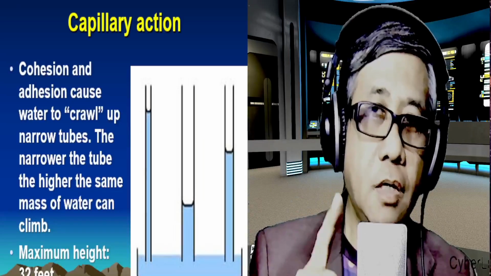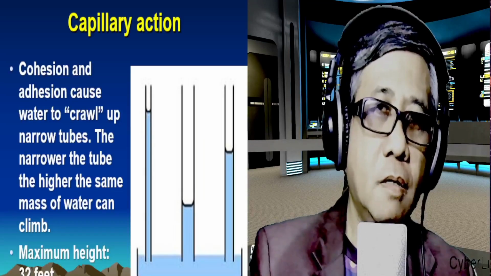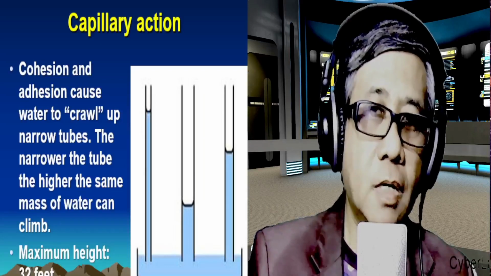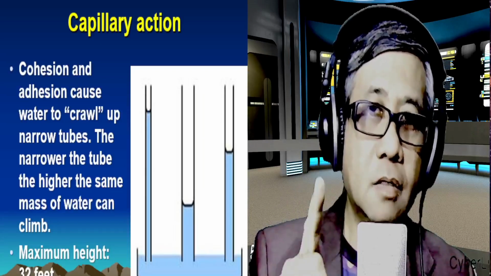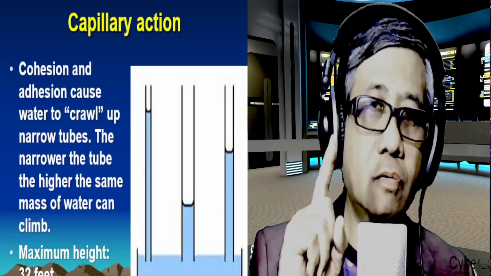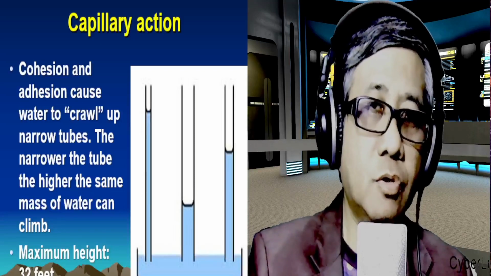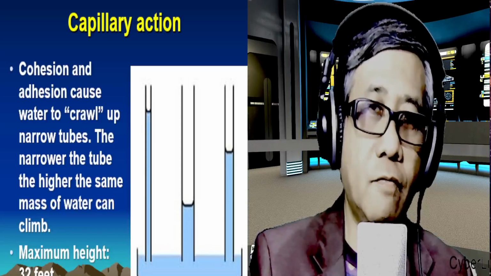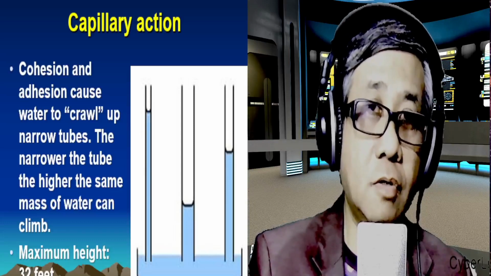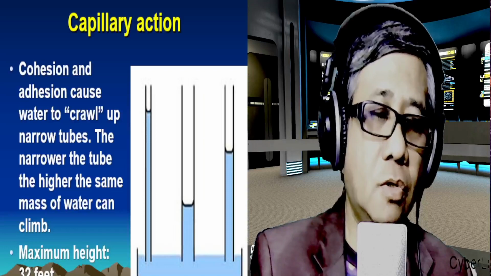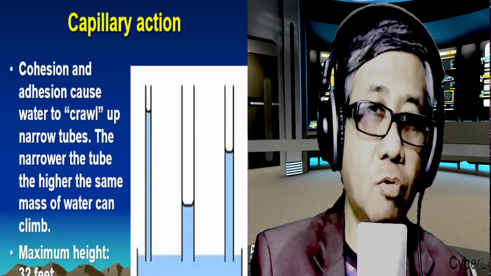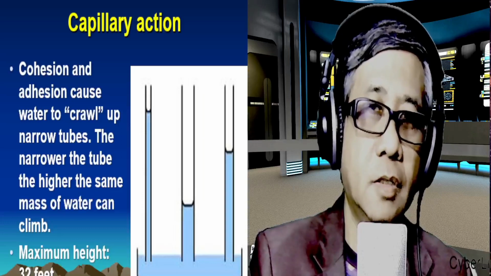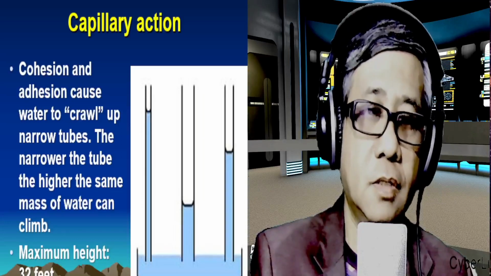Now, how can a plant like the sequoia redwood transport water? We know that the sequoia redwood of California has a height of 300 feet. How is it possible that the sequoia redwood can transport water up to 300 feet?